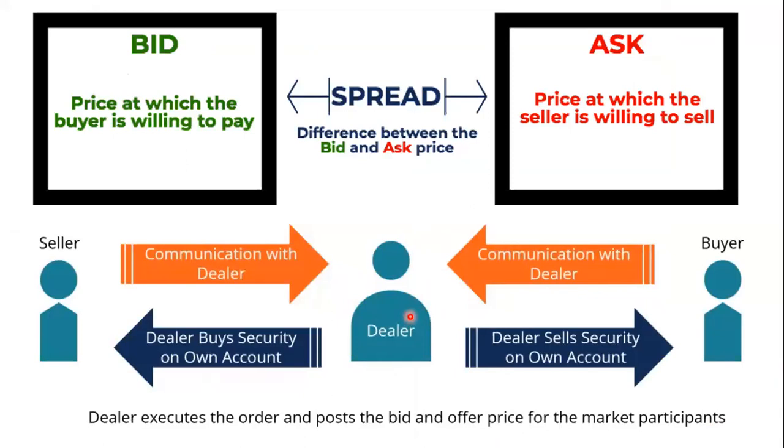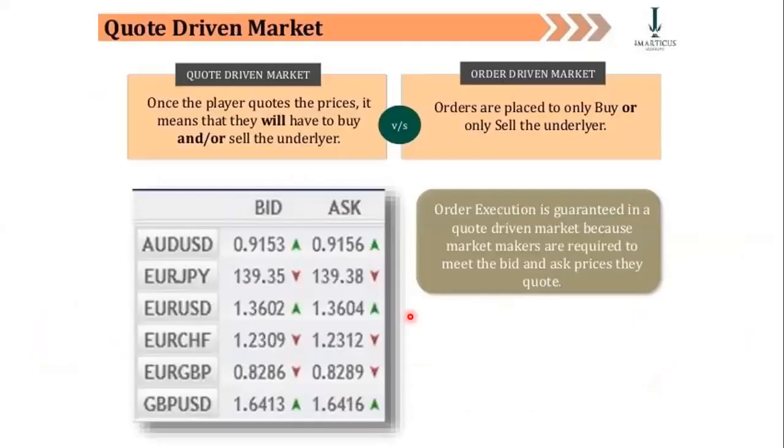So it has more liquidity when compared with the order-driven market. This is possible because dealers have all the possible information about their buyers and sellers. Therefore, it has more possibility to buy and sell the stocks. It means more liquidity.